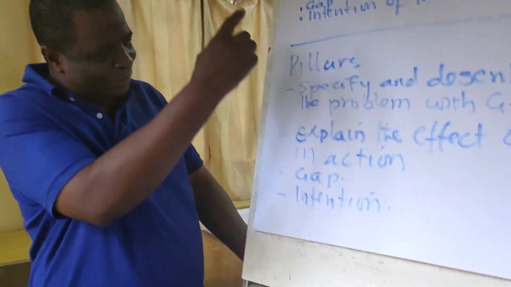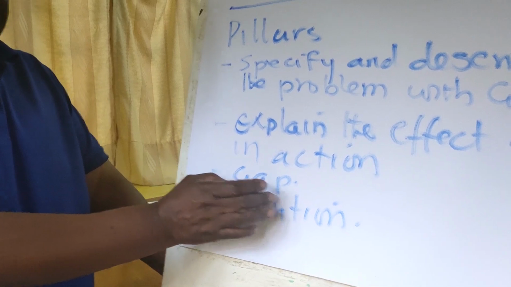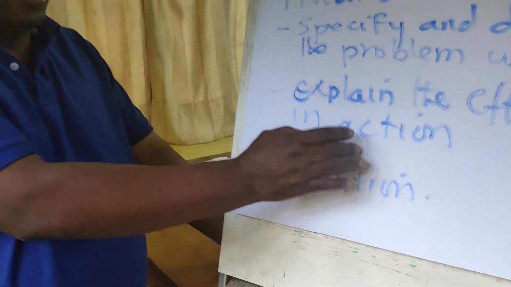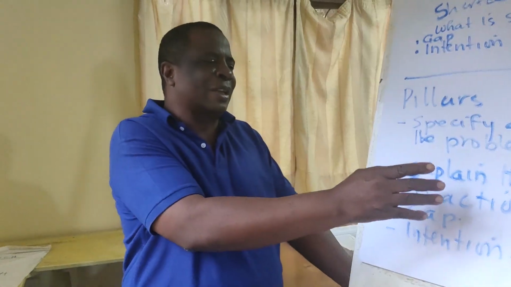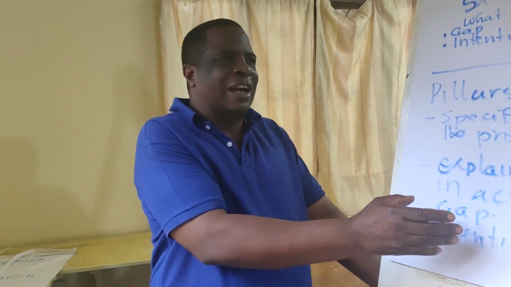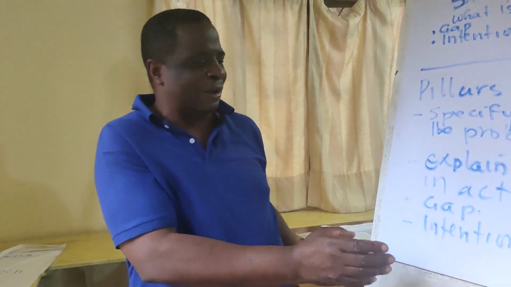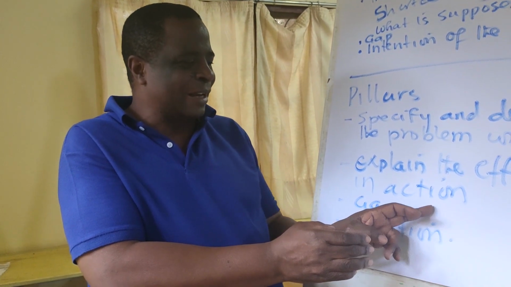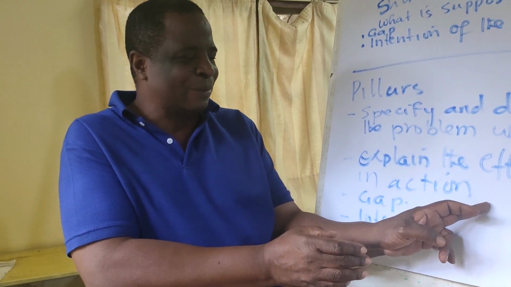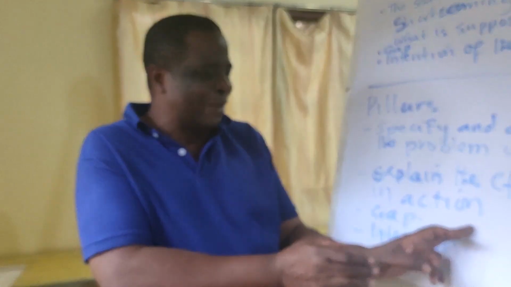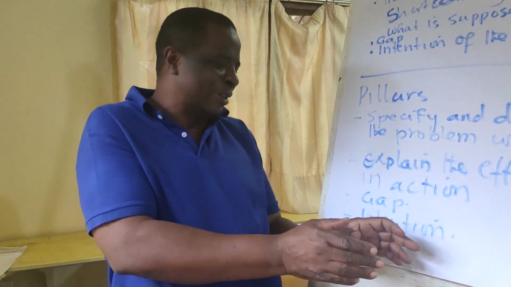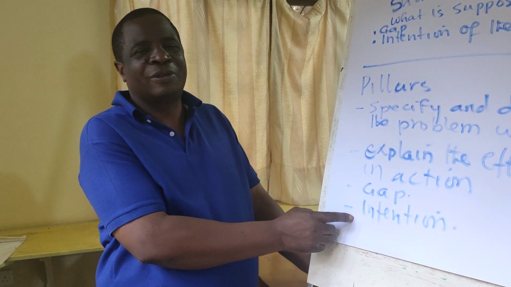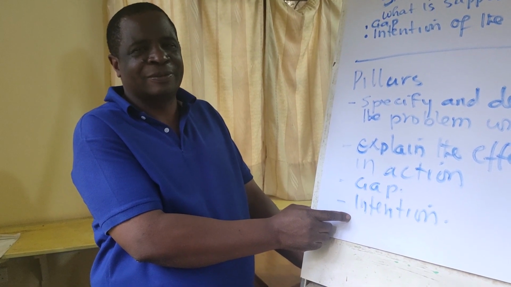It is also contained, as we said earlier, the gap. Okay, what do you think is missing, and what is the failure of the directive? Where does it fail? Why is it that the policies, the directive, or the legal institution is not followed to the dot? And what is the intention of the researcher?